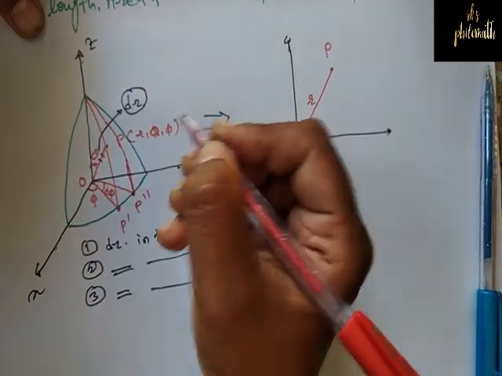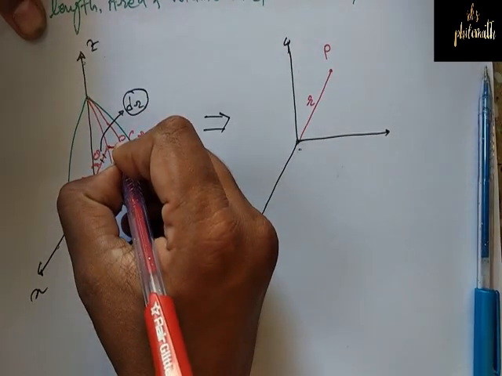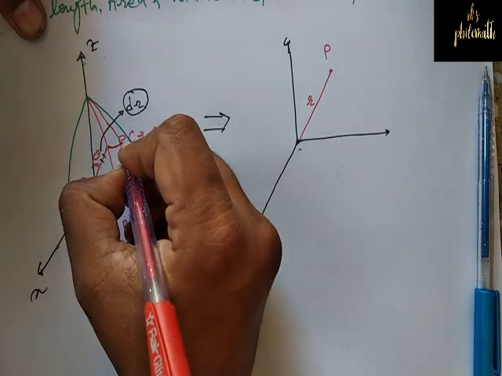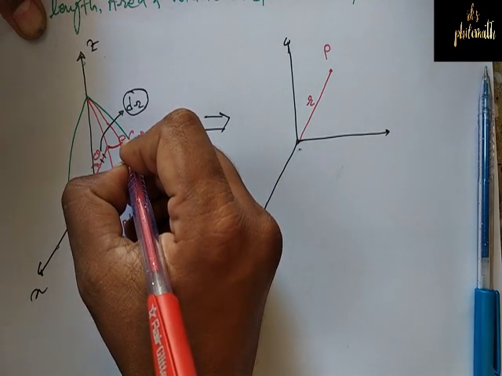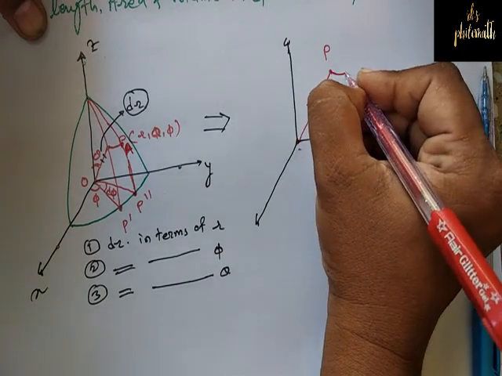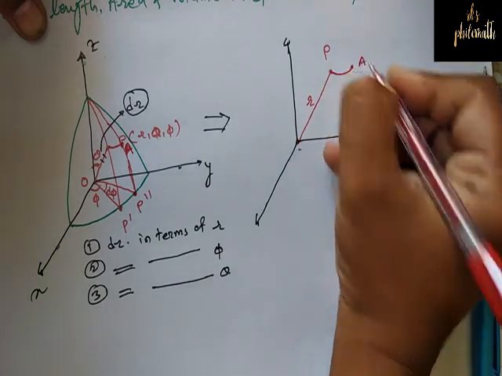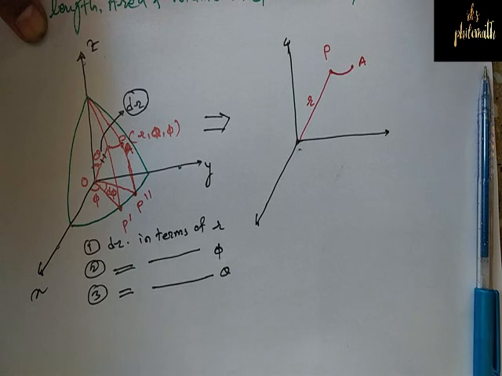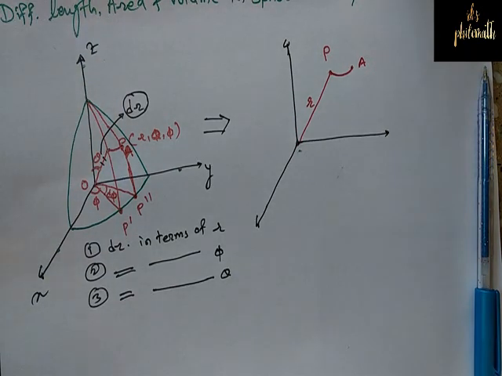So this point P will move to this section, name it as A. Again see, PA is a curve, or PA is an arc.